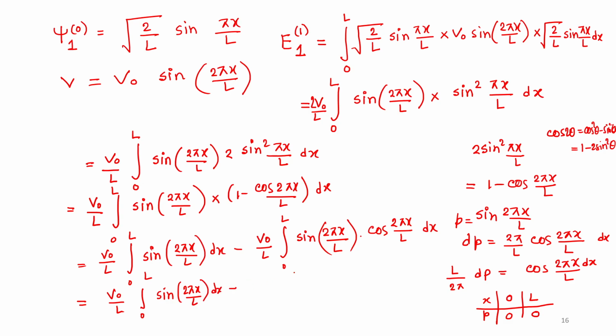This part doesn't affect. Now this is V0 by L into L by 2 pi, integral from 0 to 0 of P, this part I have taken as P, right? P into cos 2 pi x dx is my dP.